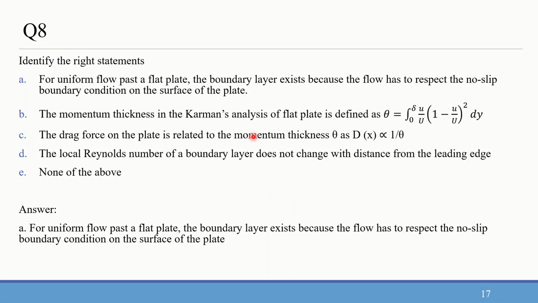This is wrong because ideally D is proportional to theta, so that is the wrong factor in statement C. And last statement, the local Reynolds number of a boundary layer does not change with the distance from the leading edge, whereas it is false, it increases with distance from the leading edge. So option A is the right one. B, C, D have some issues, which we have seen in the next slide as well. So that is for question 8.